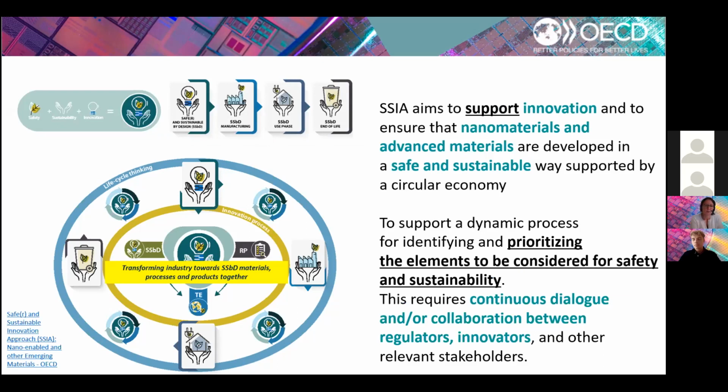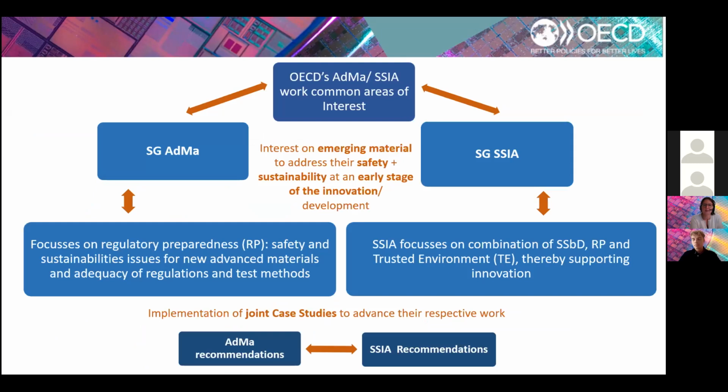And if you can go to the next slide. So when looking at the different steering groups, the steering group on advanced materials and the steering group on the safer and sustainable innovation approach, you can see that there are mutual interests related to the emerging materials, trying to assess safety and sustainability, and also the early stage of innovation. In this, the steering group on advanced materials focuses more on the regulatory preparedness side.